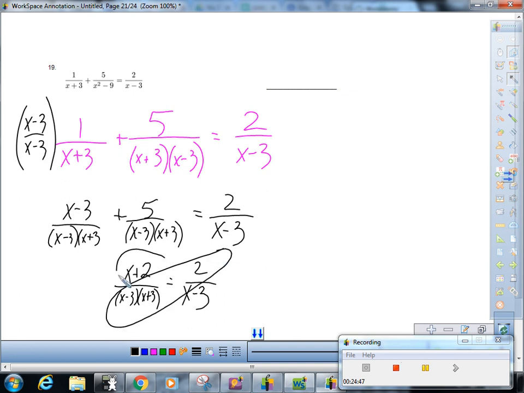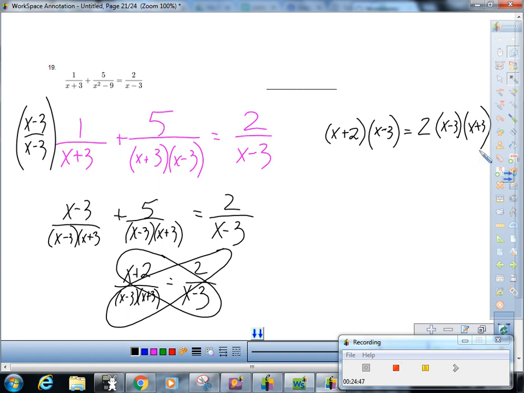Just write everything out in parentheses, because look, things are going to cancel. So you got x plus 2 times x minus 3 equals 2 times x minus 3 times x plus 3.